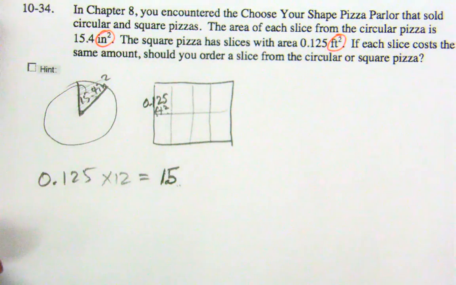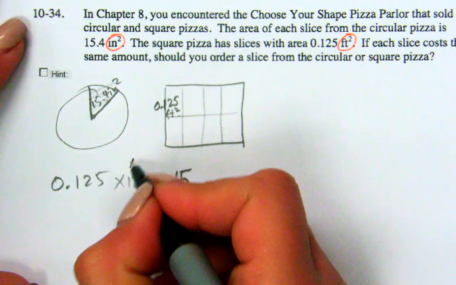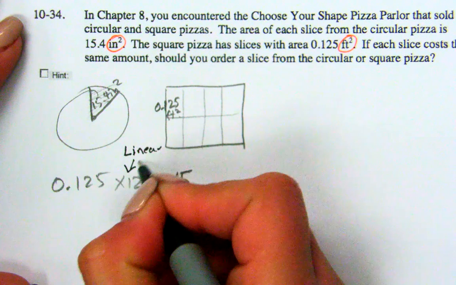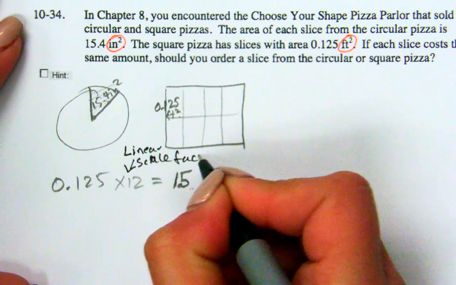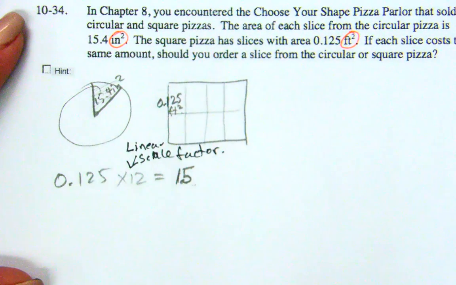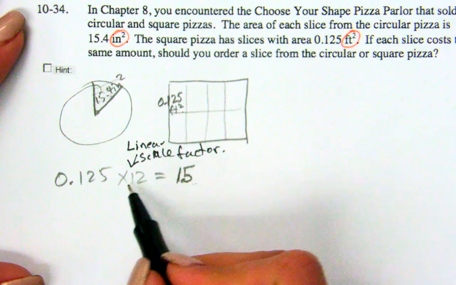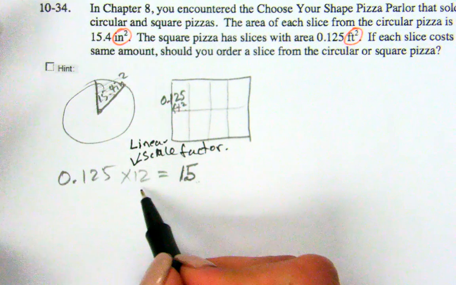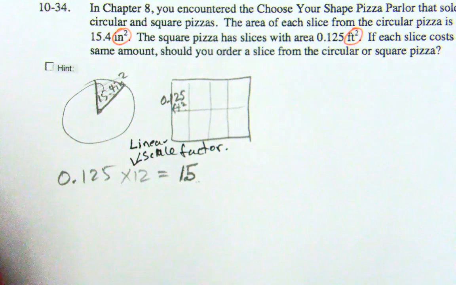So then we realized, oh, wait a minute. It's not 12, because 12 is the linear scale factor. I hope you remember the potato chip problem. The linear scale factor doesn't have anything to do with the area. The area scale factor is actually the square of the linear scale factor.